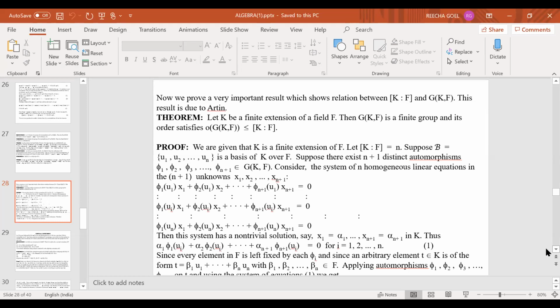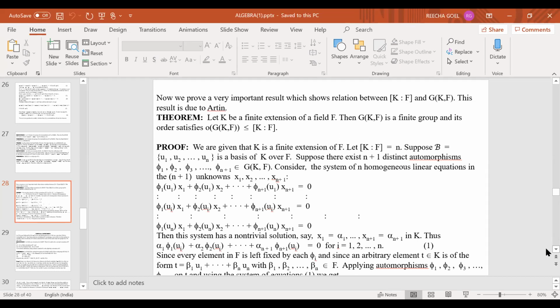You are given that K is a finite extension of F, that is, K is a finite dimensional vector space over F. Suppose the degree of K over F is n, and suppose B equal to u1, u2, up to un is a basis of K over F. It consists of n elements.